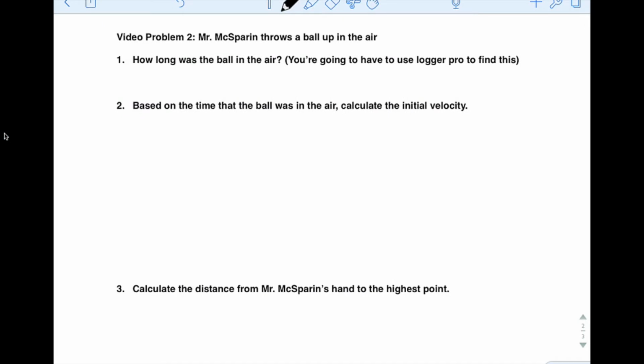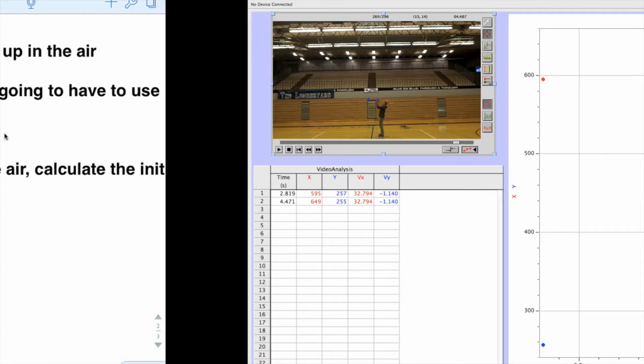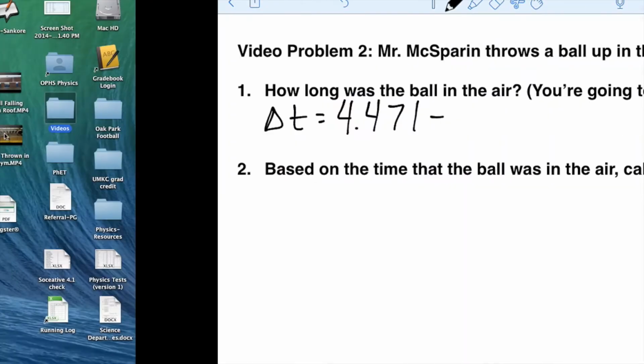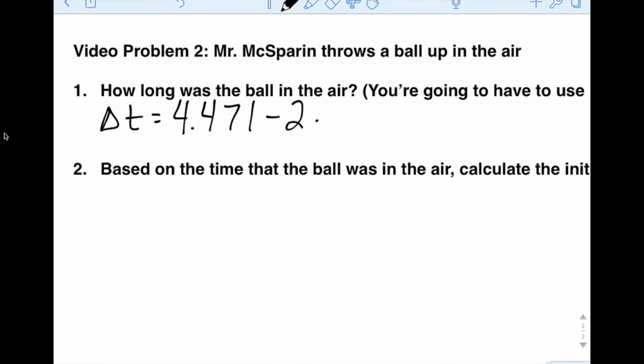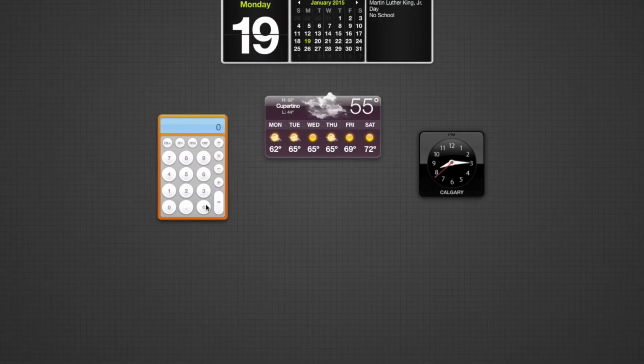Okay. So we're going to go delta t equals 4.471 minus, what was it? 2.819. And that equals, let's go over here, 4.471 minus 2.819.